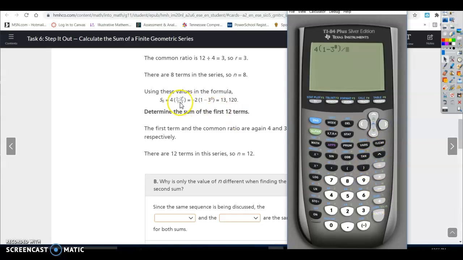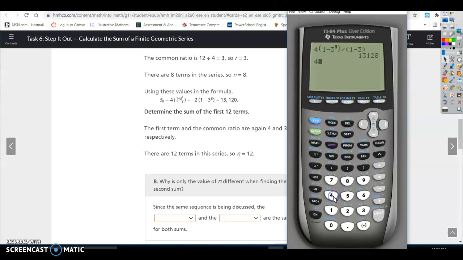Then I have to divide by 1 minus 3, but this has to be in parentheses as well. So I have to do 1 minus 3 and close my parentheses. All right, and that's going to give us the 13,120 that we want.